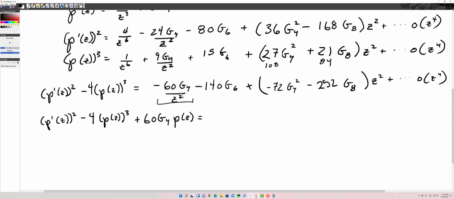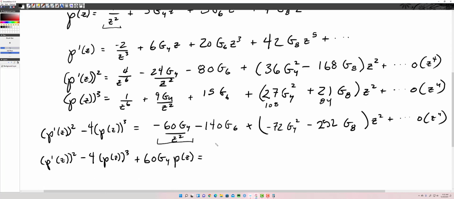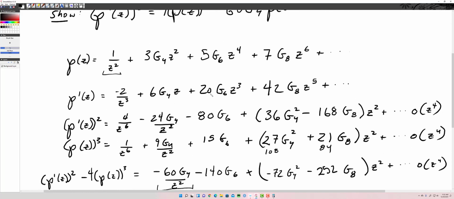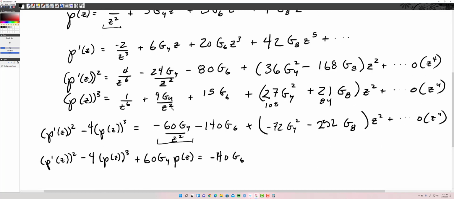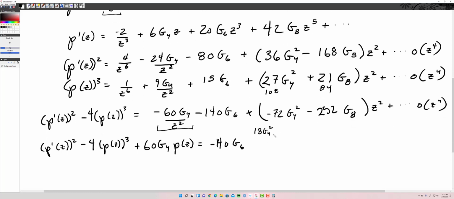Well, it's going to kill this term. That's great. There's no constant term here, so I'm going to be left with minus 140g6. And then I'm going to need to add 3g4 times 60g4, which is going to give me 180g4 squared, okay?